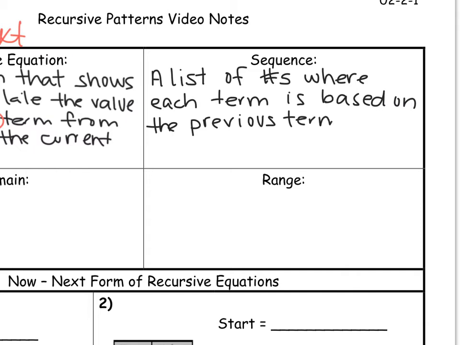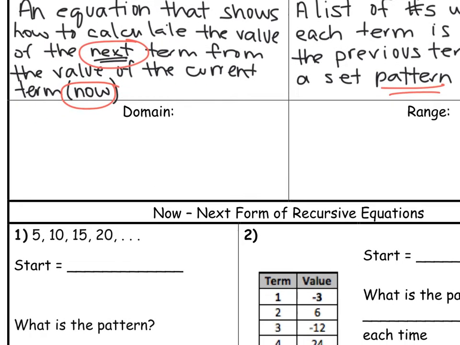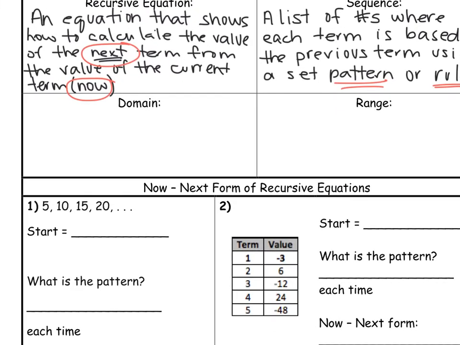And how we get to the next term is by using a set pattern or a rule. And that's what we're going to look at today, our patterns and rules. So before we do that, 2 more definitions.